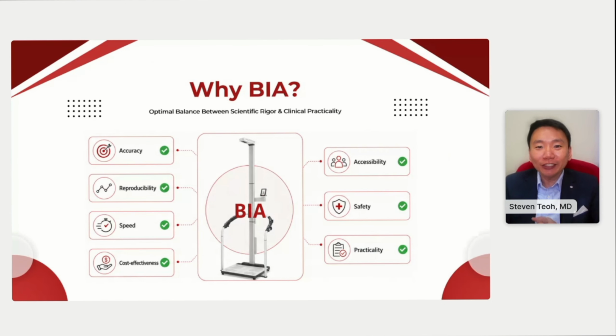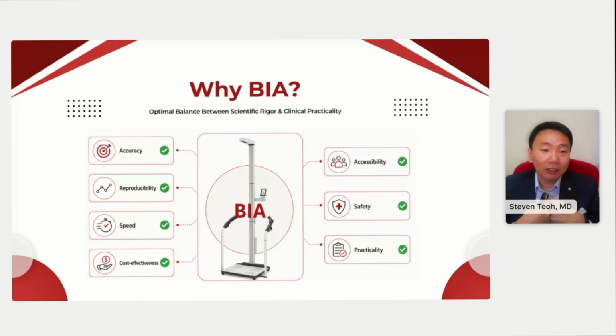So when choosing a body composition method, there are a few characteristics I want to balance. For instance, like what I've discussed in the poll: the accuracy, reproducibility of the data, the speed to conduct the test, the cost involved to the institution and also to the patient, accessibility, safety, and practicality.